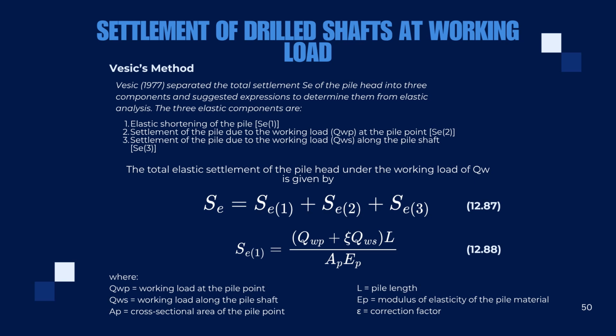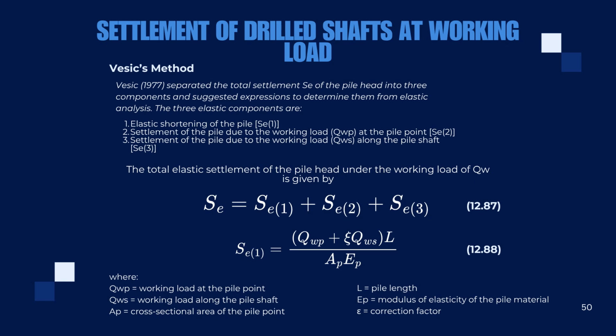The total elastic settlement of the pile head under the working load of Qw is given by Se is equal to Se1 plus Se2 plus Se3, where Se1 is equal to the quantity of Qwp plus epsilon Qws times length, all over Ap times Ep, where Qwp is the working load at the pile point and Qws is the working load along the pile shaft.